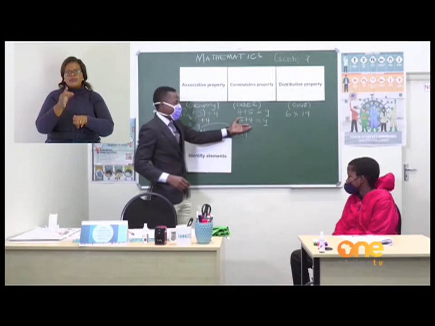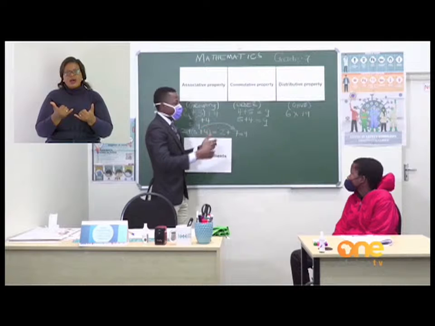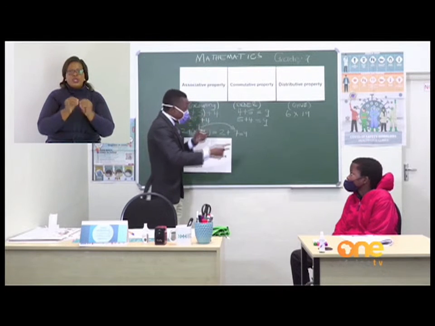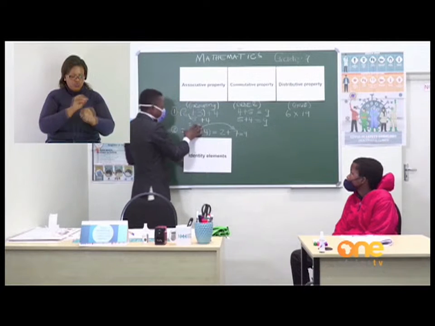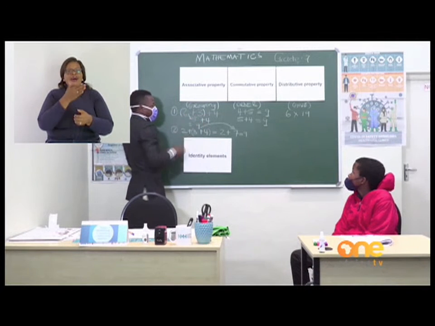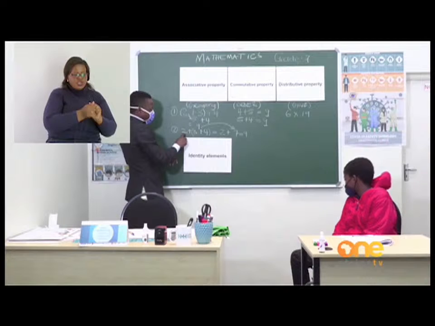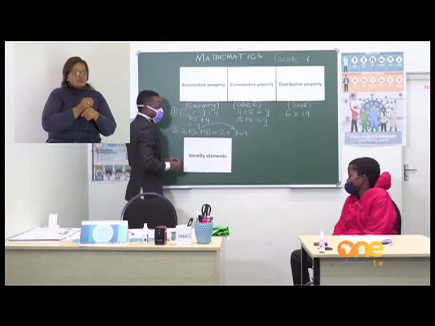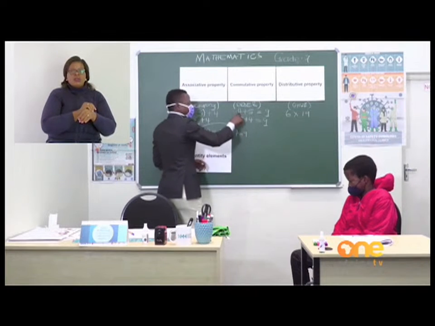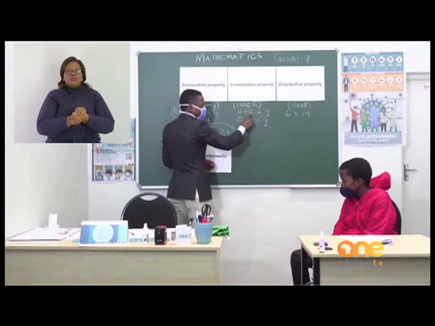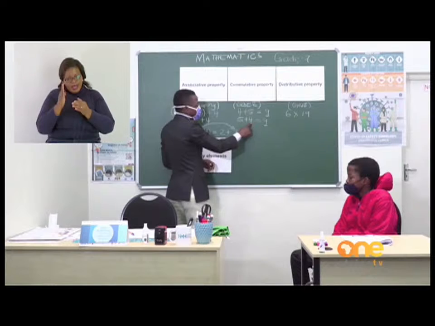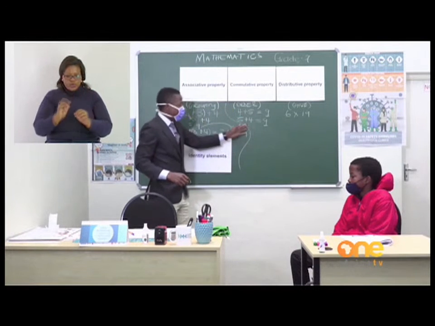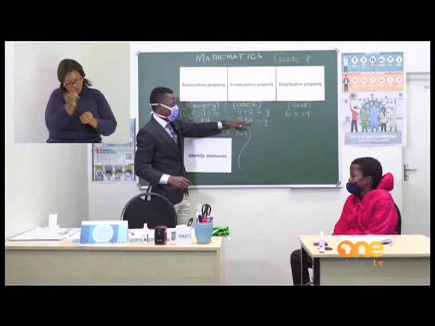So in this manner, you need to change. There is some sort of changing the order. Here the order did not change. 2 was the first, 3 followed, 4 last, but here 4 has started here, but 4 has to end here. So in that manner, you can see that the order has changed.